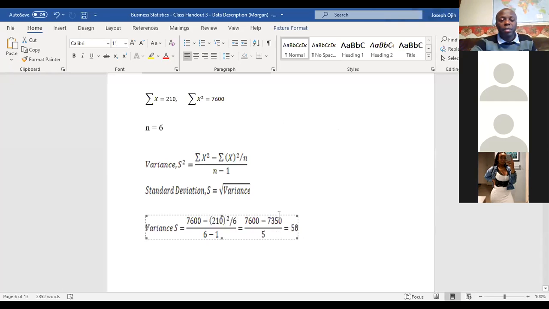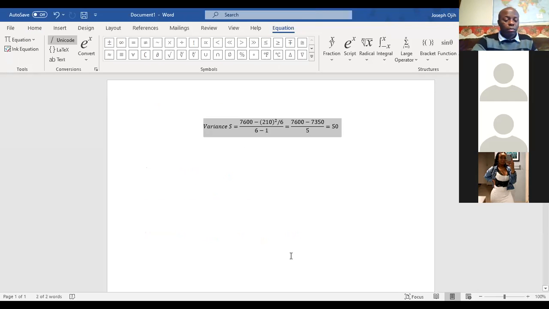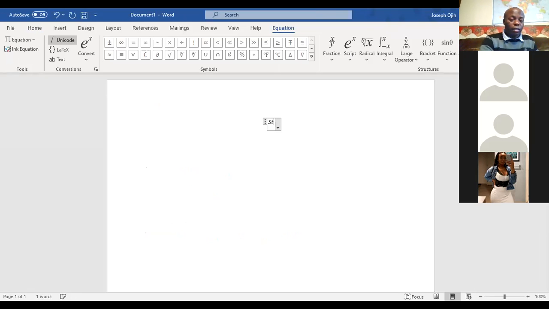Standard deviation simply means the square root of the variance, which is the square root of this answer here. So I'll take you to the workbook. Standard deviation is the square root of variance, which is the square root of 50.